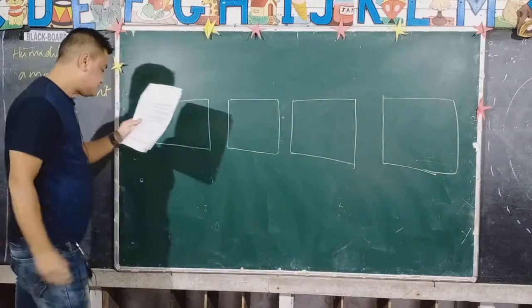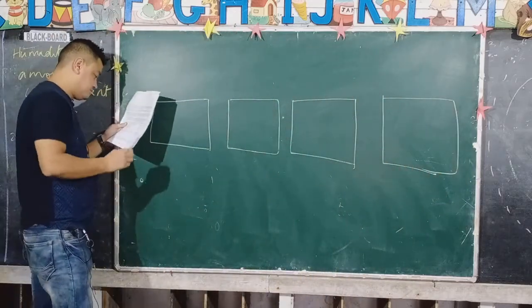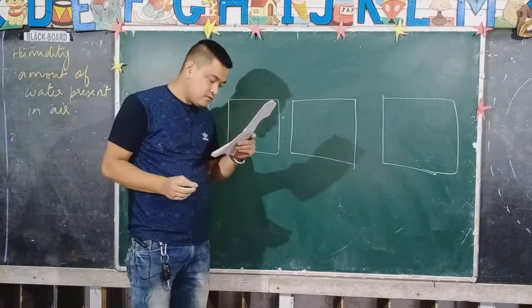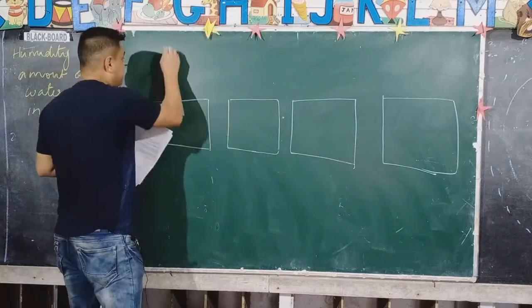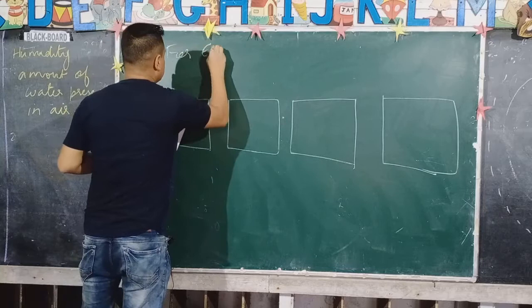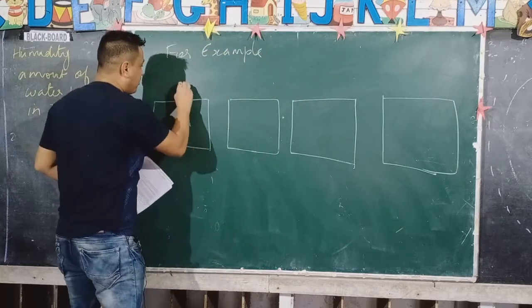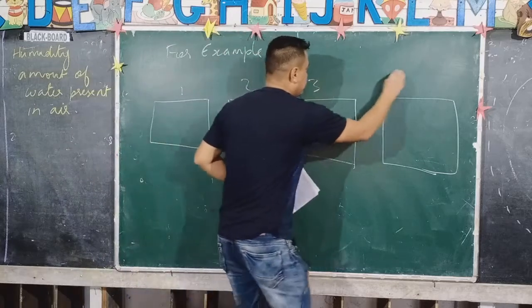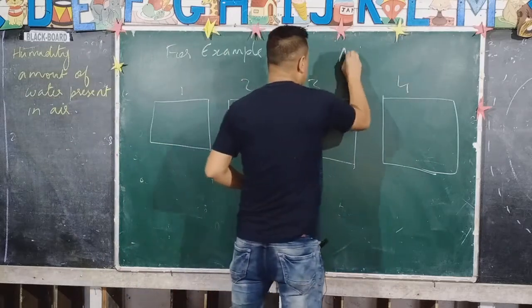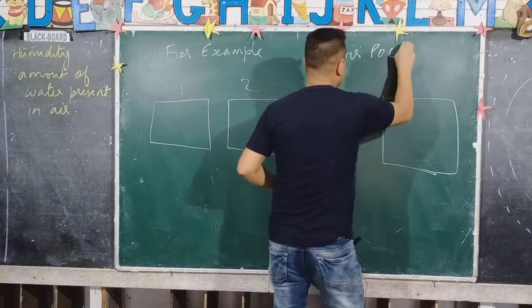For example, in this diagram there are 4 air pockets, 1, 2, 3, 4. These are known as air pockets.